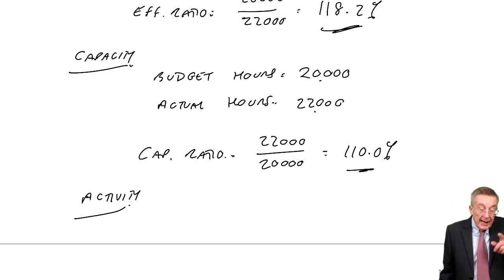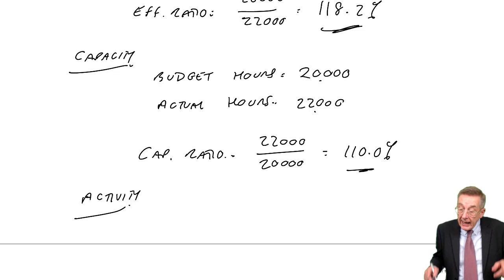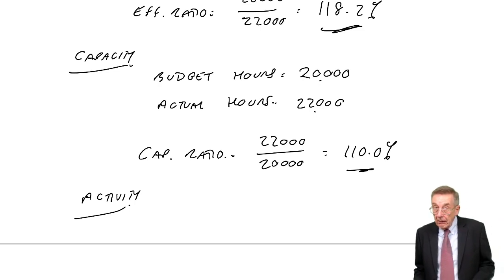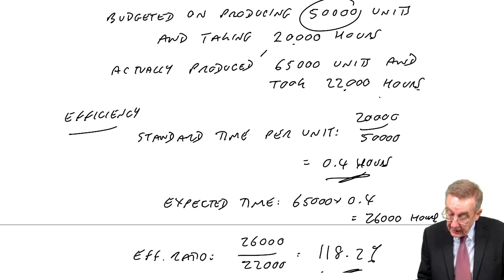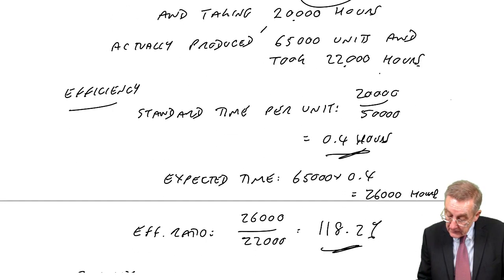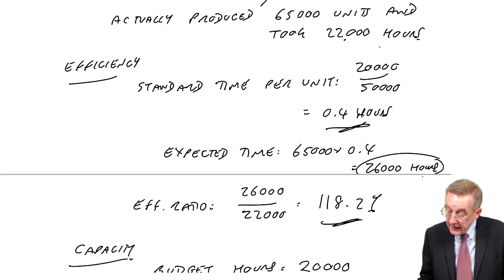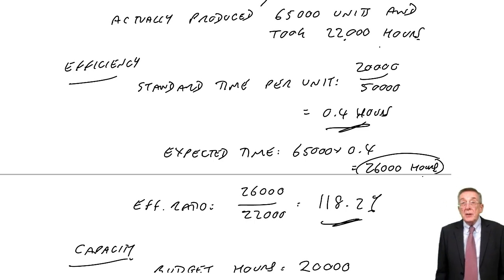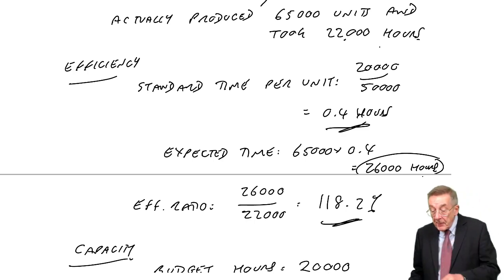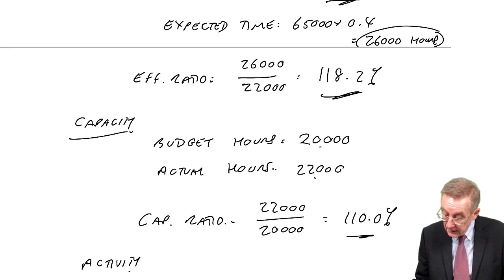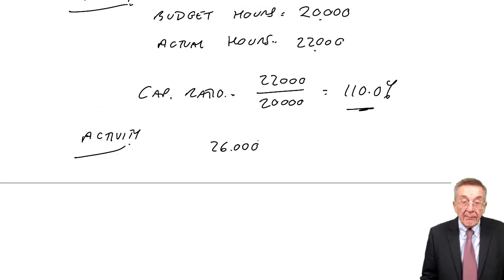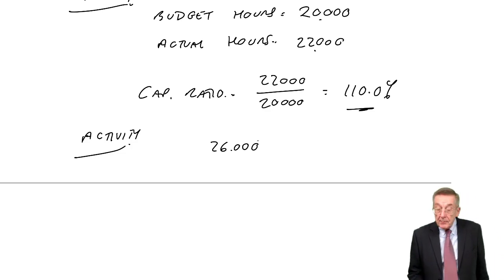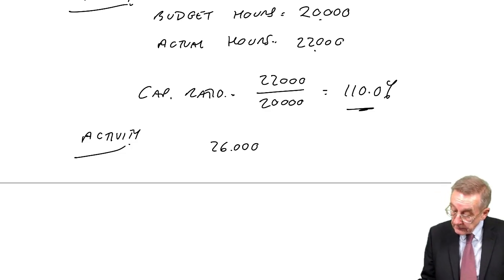is the expected hours to make our output. We work that out. The expected hours to make the output was 26,000. For the units we produced, we'd expect to need 26,000. Divided by the budgeted hours.